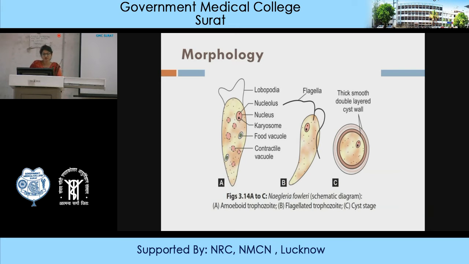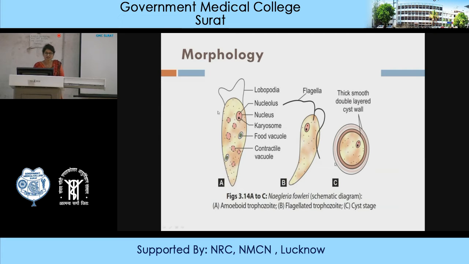The flagellated form has two flagella present at the broader end, you can see here, and they have the nucleus with the nucleolus and the karyosome. The flagellated form can be converted back into the amoebic form once a favorable condition has not been achieved. So these are the two forms present in Naegleria fowleri.